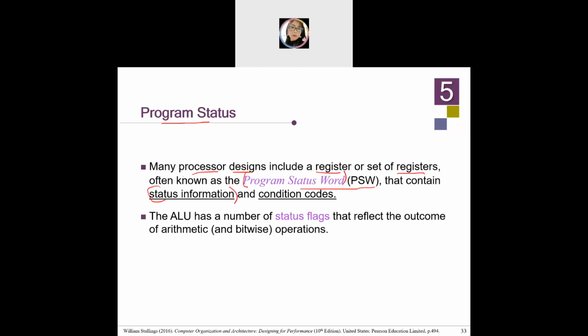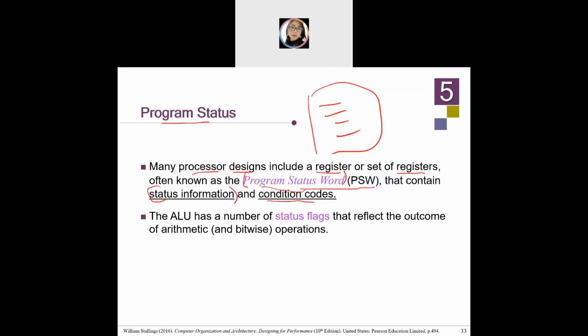Maybe your program has an error, maybe a warning, or maybe you have an output that overflows. Maybe your program has other information, and also the condition of your code. So it is under your program status word.